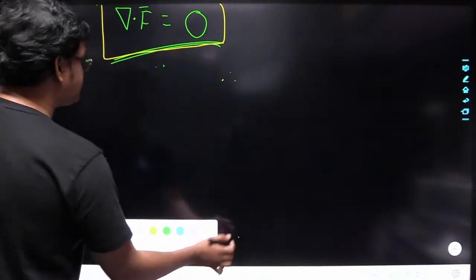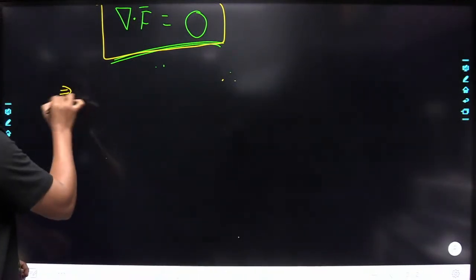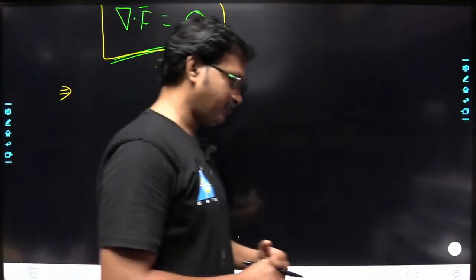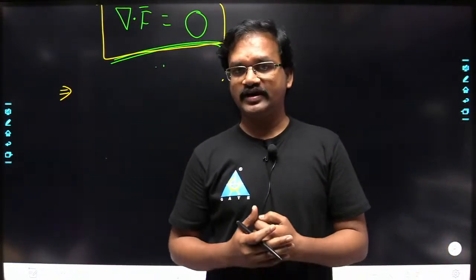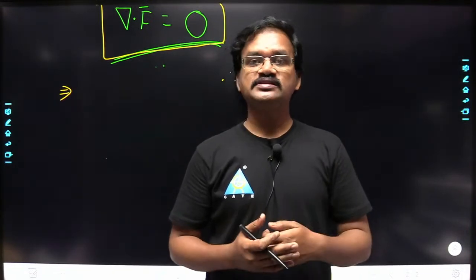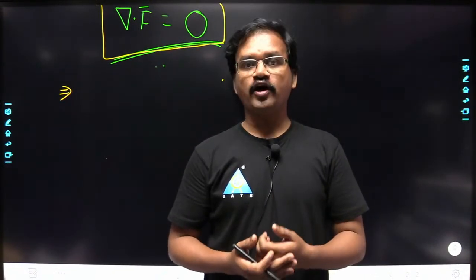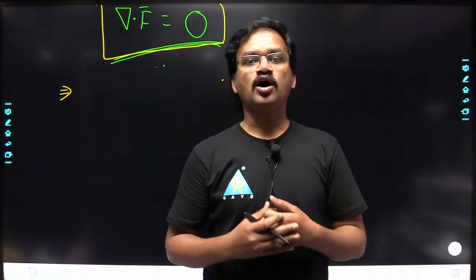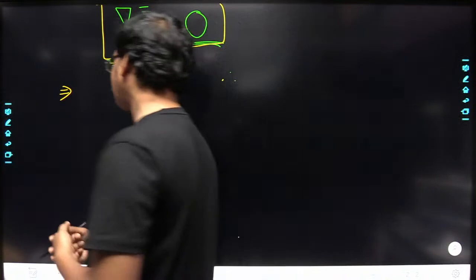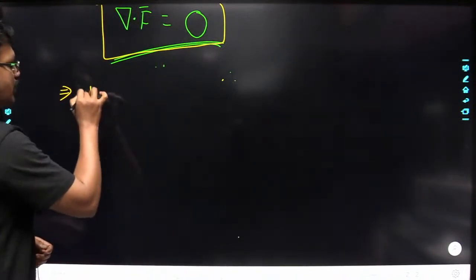So if the divergence of any vector field is equal to 0, then that vector field is said to be divergence-less or solenoidal. Write down that point here.